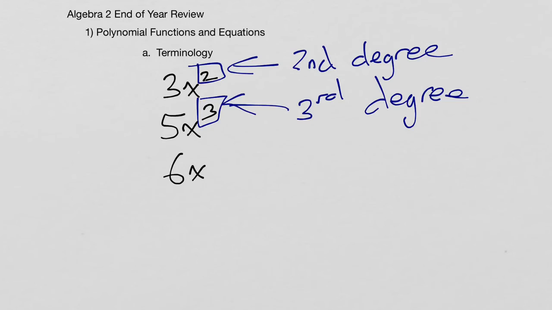As you may remember, whenever you just see x on its own like that, with no power, it actually indicates that it's raised to the first power. So whenever you see something like that, we're going to call that a first degree.